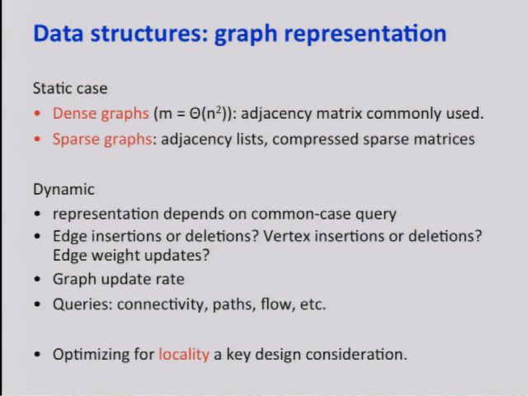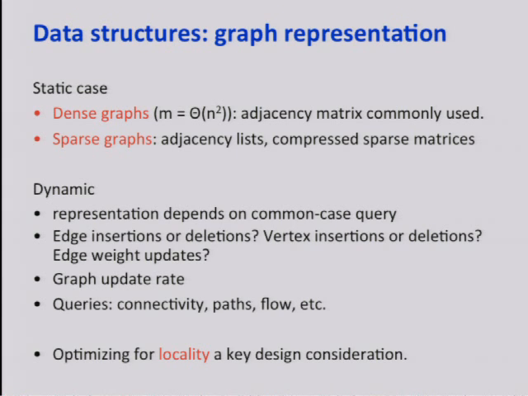For sparse graphs, you either use your textbook adjacency lists, but I'm going to speak about something else, compressed sparse matrices, which you have seen in previous lectures. They are more cache-efficient alternatives to adjacency lists, and they got pretty good traction in the recent decade or so.